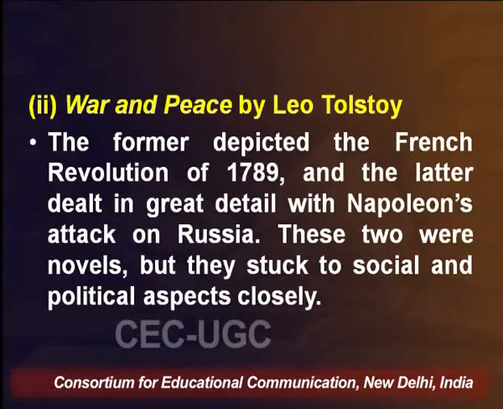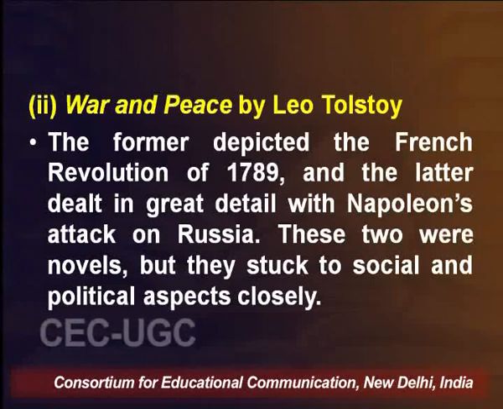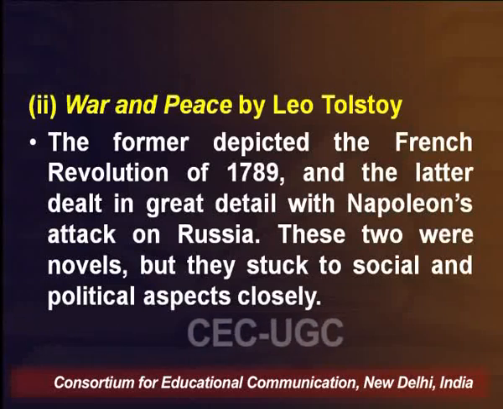The second novel that I talk about is Tolstoy's War and Peace. As I said, the former depicted the French Revolution of 1789, and the latter dealt in great detail with Napoleon's attack on Russia.